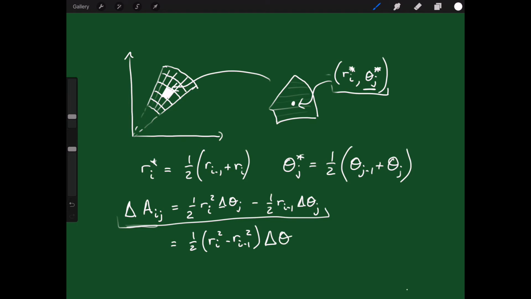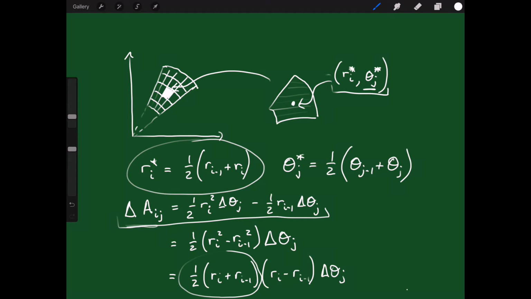Now that factors because it's the difference of squares, so I get that this is 1/2 of r sub i plus r sub i minus 1 times r sub i minus r sub i minus 1 times delta theta sub j. Now look at this. This first piece, I've seen that before. It's right up here. So this is equal to r sub i star.